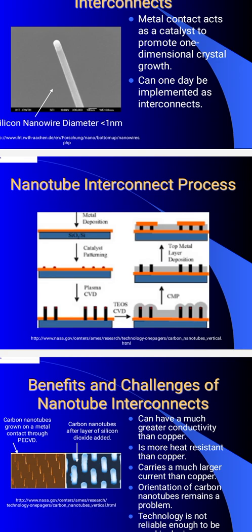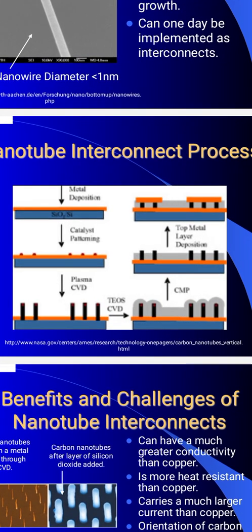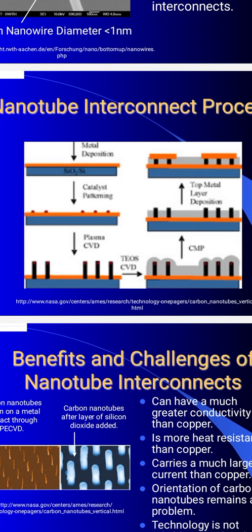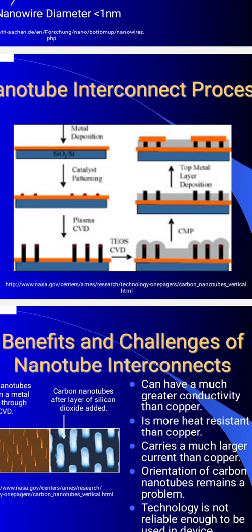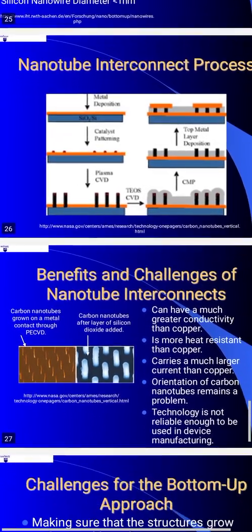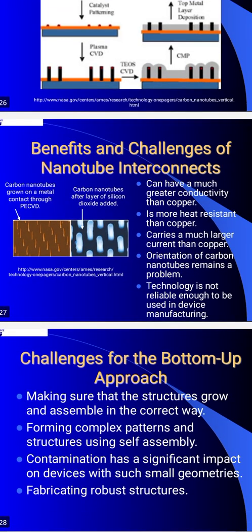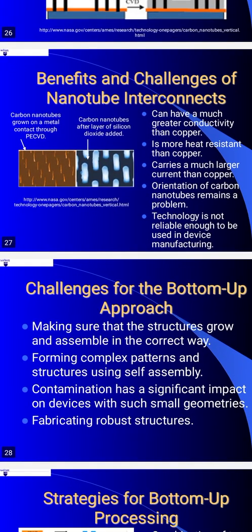One of the nanotube interconnect processes is shown here. You can see it's a paper from a research group. The benefits and challenges of nanotube interconnects you can read. It's important, but not very important for your syllabus.